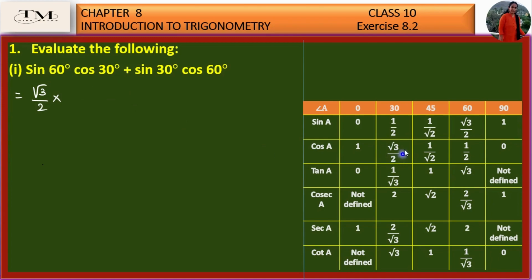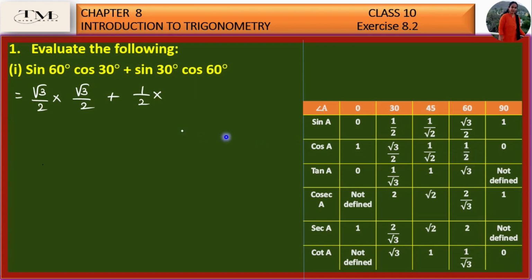Cos 30 is also root 3 by 2. Plus sin 30, whose value is 1 by 2, into cos 60, which is also 1 by 2.